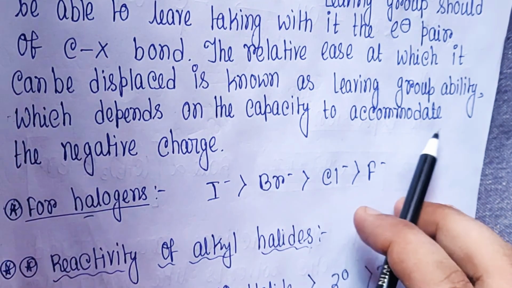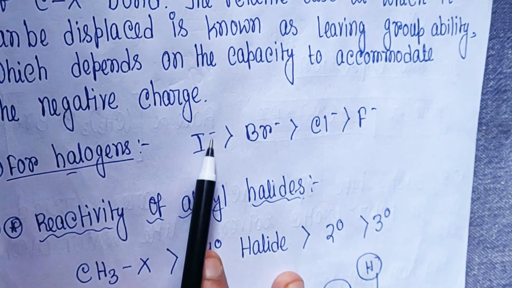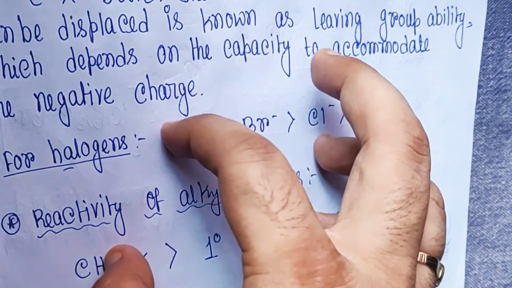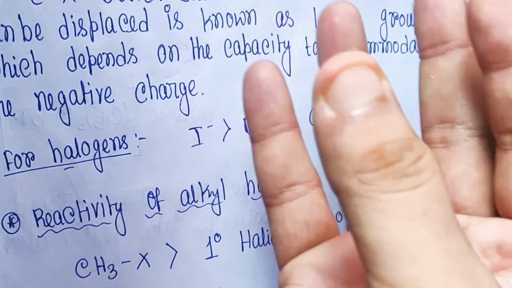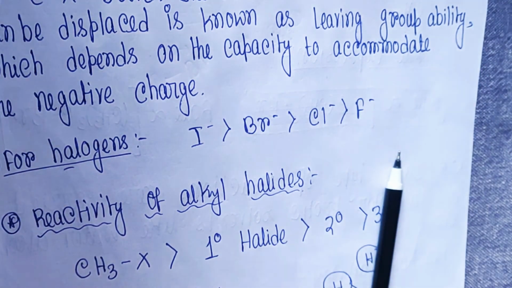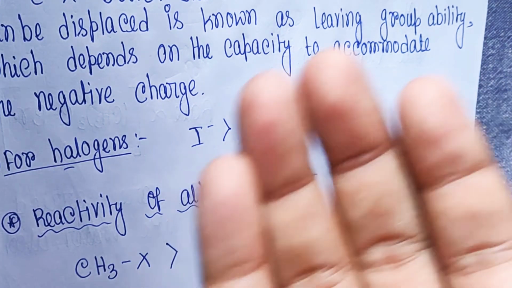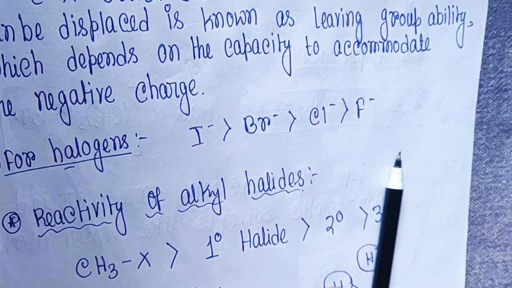So it depends on the capacity to accommodate the negative charge. For halogens, I minus has a very big size, so the minus charge can spread itself throughout a larger area, where it can disperse, diffuse or get delocalized.